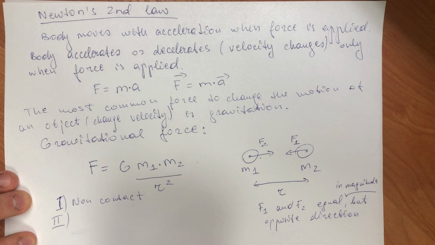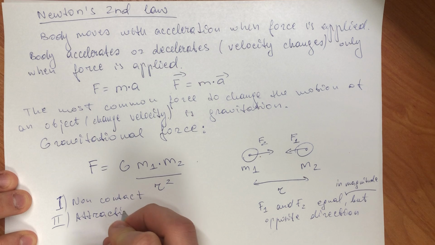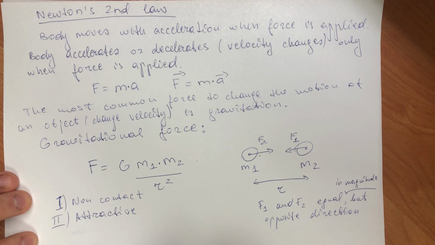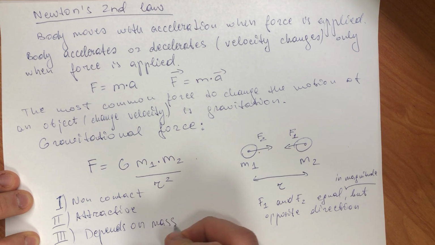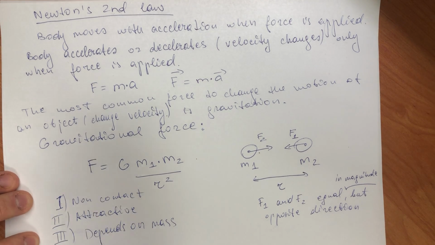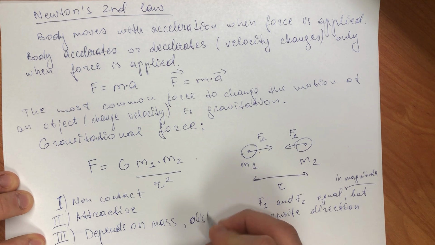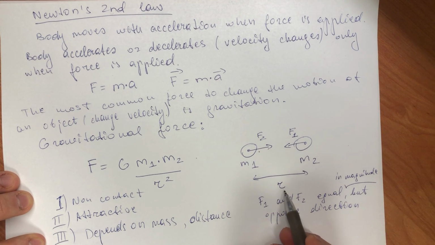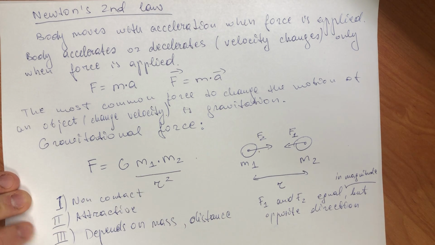Friction is a contact force, for example. Attractive force. It depends on masses and depends on distance. The bigger r, the lower the force. R squared is here.